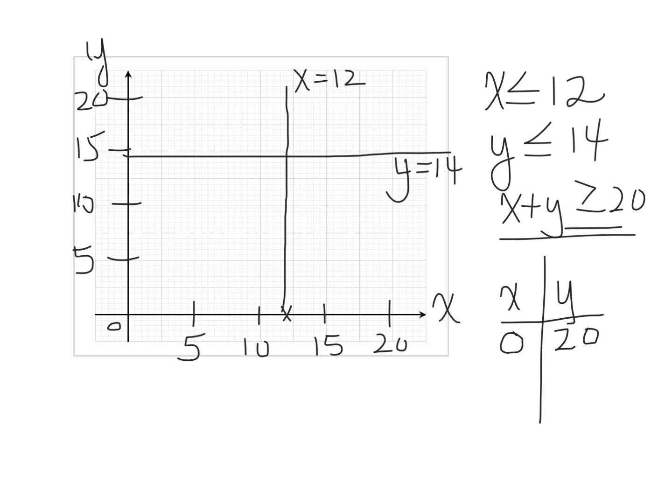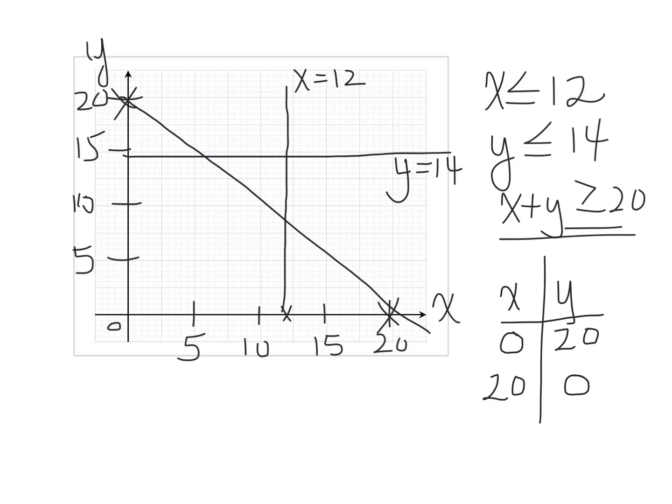What is the value of x when y is 0? Well, it's also 20. So we have 2 points on a line, 0 and 20, and 20 and 0. So let's plot the first one. 0 and 20 would be up here, and 20 and 0 would be over here. And now I'm going to have to draw a straight line between those two values. Let's see if I can do it.